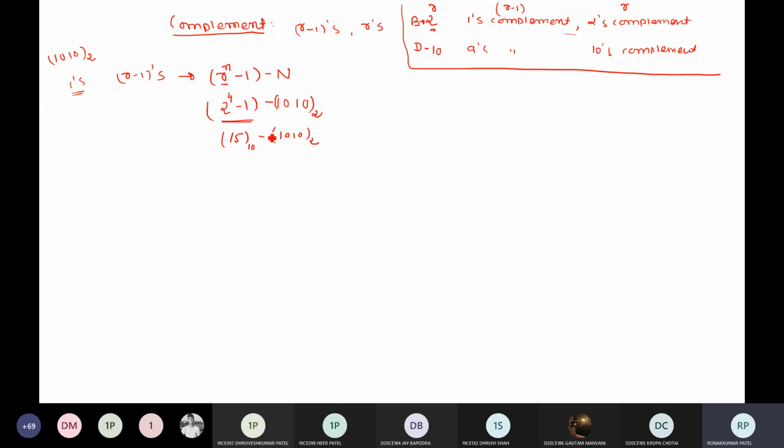So what you need to do? કોમન નંબર સિસ્ટમમાં તમારે કન્વર્ટ કરવા પડે આને, right? So you can convert into decimal or you can convert this into binary. So right now let's convert into decimal. 1010 base 2 is 10 base 10, 15 minus 10, answer is 5 base 10. Now remember this, કે કોનું કોમ્પ્લિમેન્ટ શોધીએ છે, બાઇનરીનું.